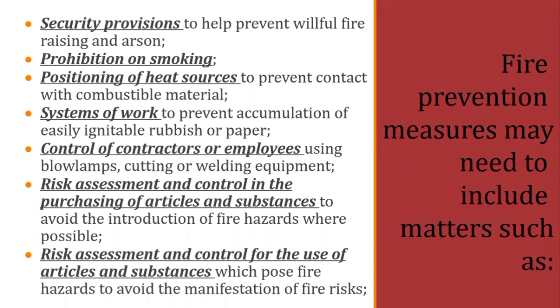Another is the placing of prohibitions like no smoking signage. You may also place a smoking area there. Then next is positioning of heat sources to prevent contact with combustible material.